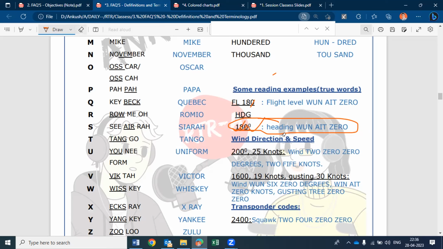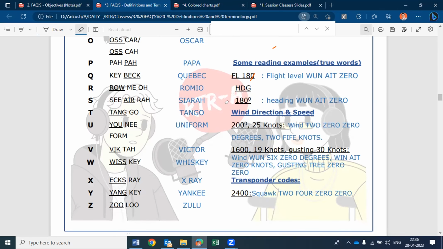We need to say heading one eight zero. Got it? These are the examples of readings. This is important because after some classes we are going to use it very well. So at that time, please don't say flight level one hundred eighty, right?